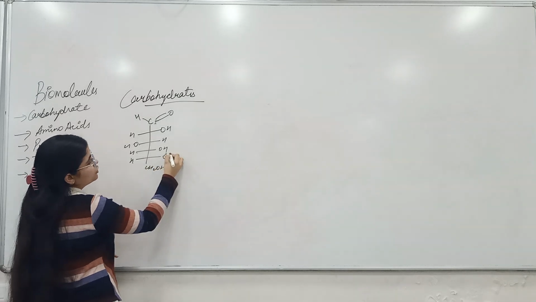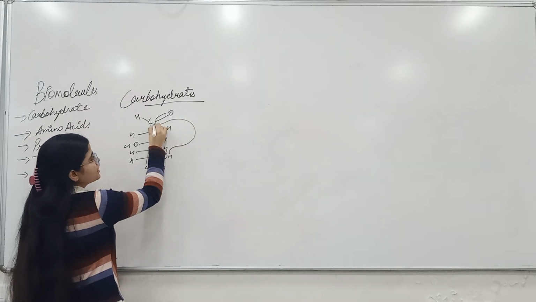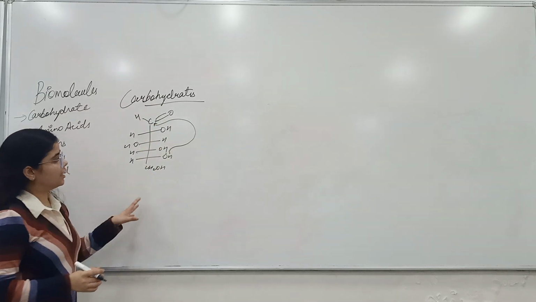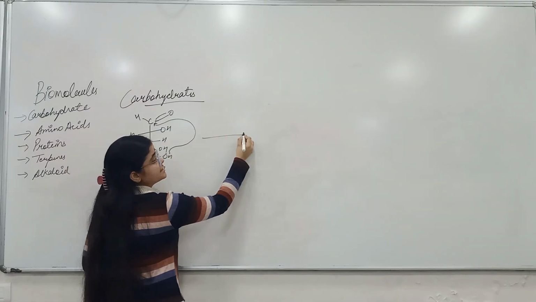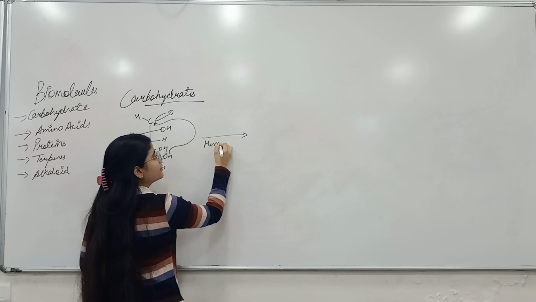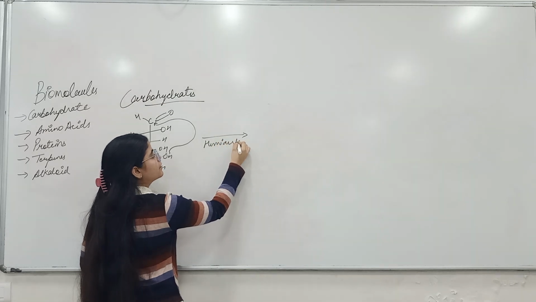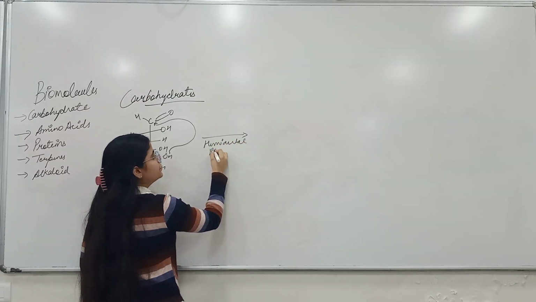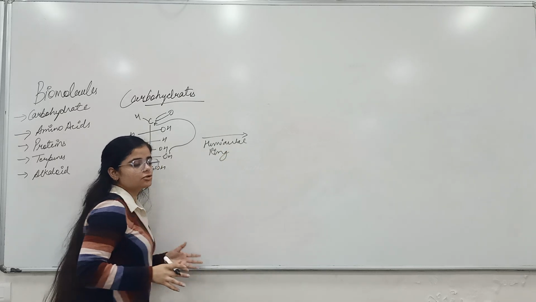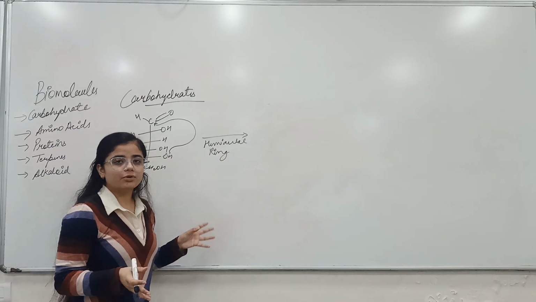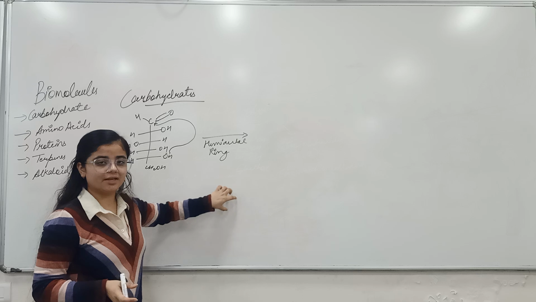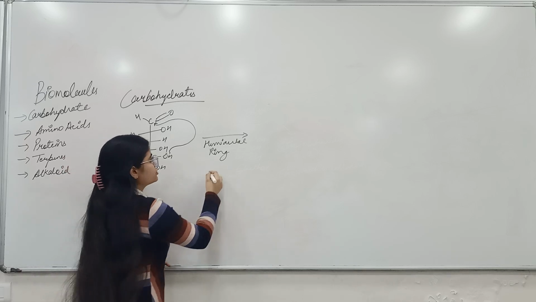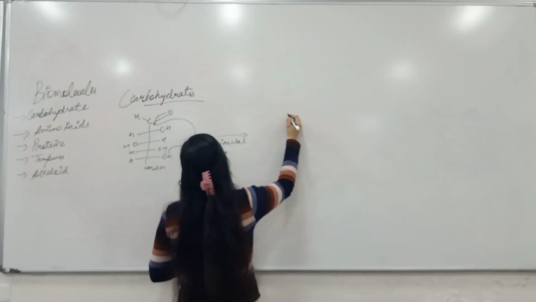And the lone pair of oxygen attacks at this aldehyde carbon, making a hemiacetal ring. That we also call a pyranose ring, because this 6-membered ring is known as a pyranose ring. So we form a pyranose ring here.